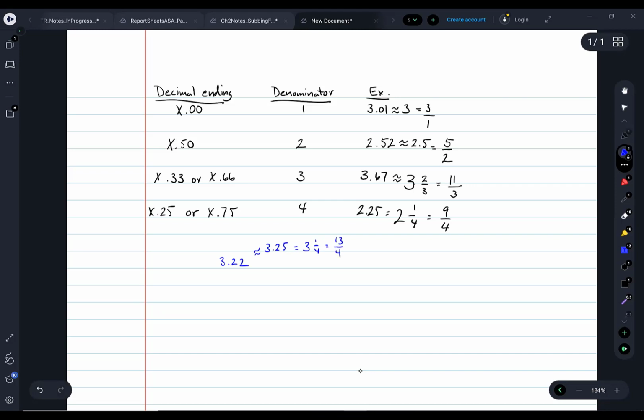But this could also be very close to 3.20, which is 3 1/5, which is 16/5. So that's why I'm committing to only picking problems where the denominator is 1, 2, 3, 4. I think there might be one online where the denominator is a 5, but I don't think so.